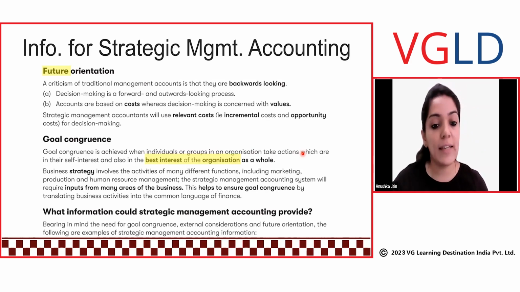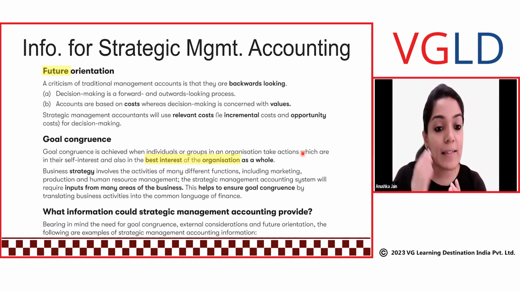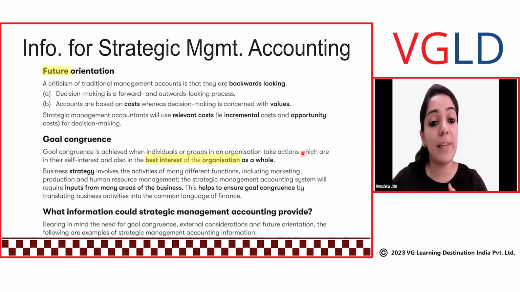Business strategy involves the activities of many different functions, including marketing, production, and human resource management. The strategic management accounting system will require inputs from many areas of the business. So they will understand what each of the areas of the business strives to achieve.